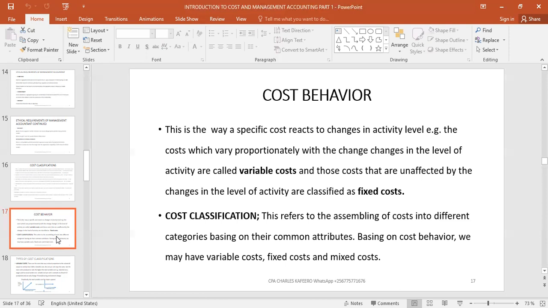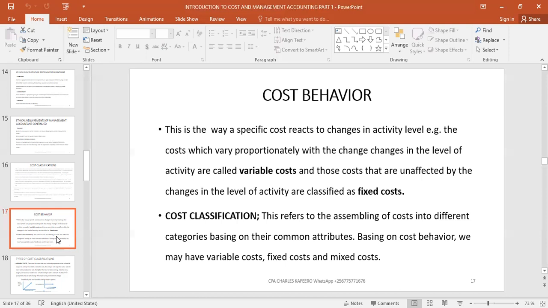Even if the level of output increases, the fixed costs will remain constant. But to a certain degree, as I'm explaining, if a company is renting a building, we expect that even if the company is not producing, it will be incurring the rent as an expense.